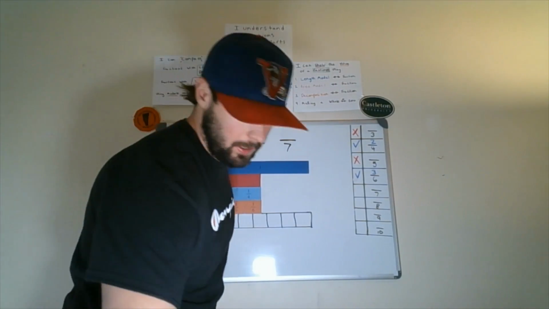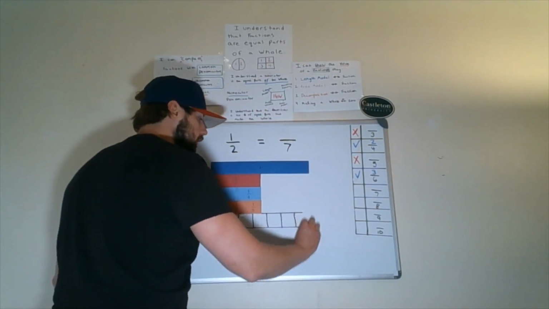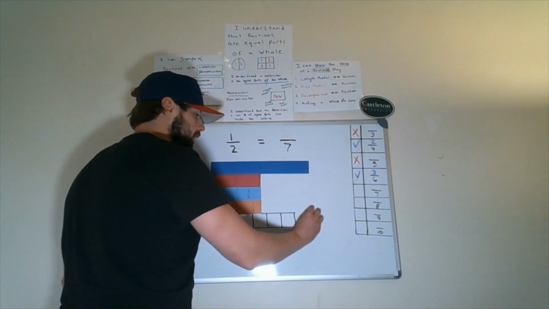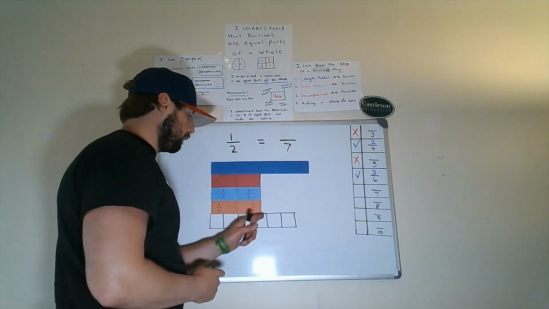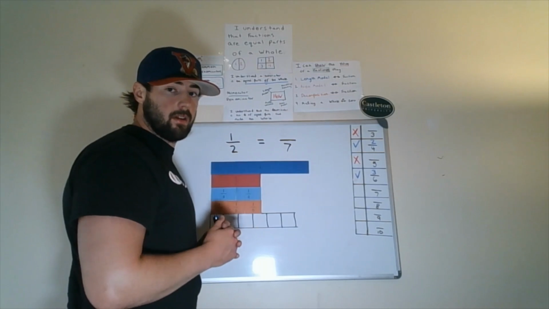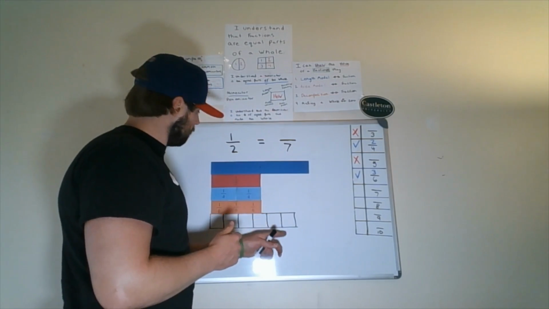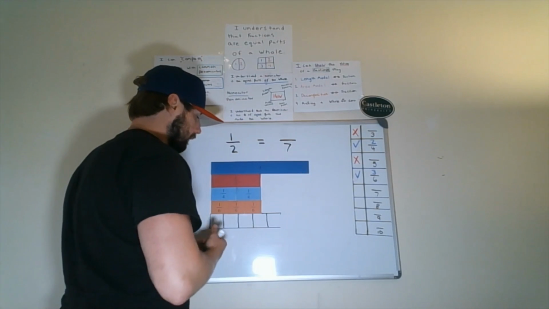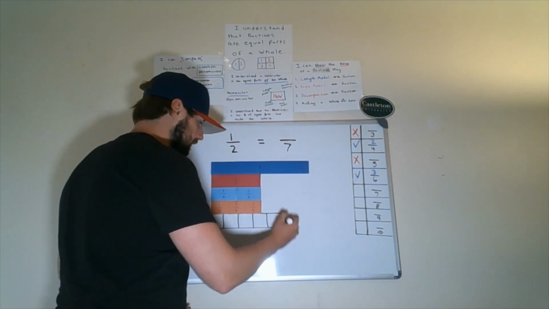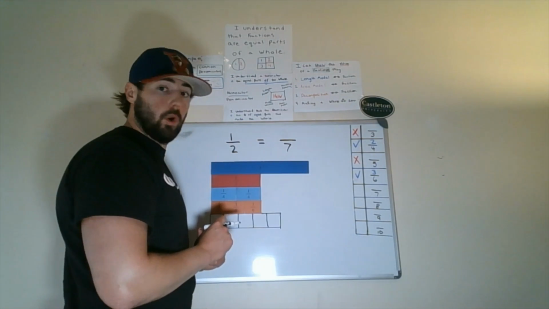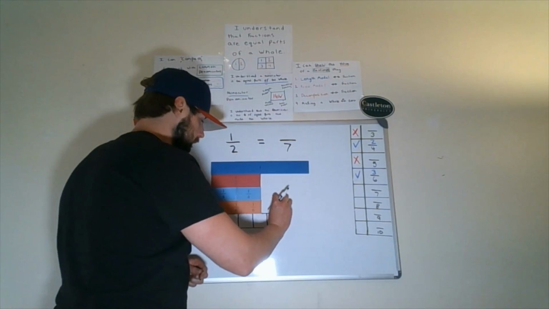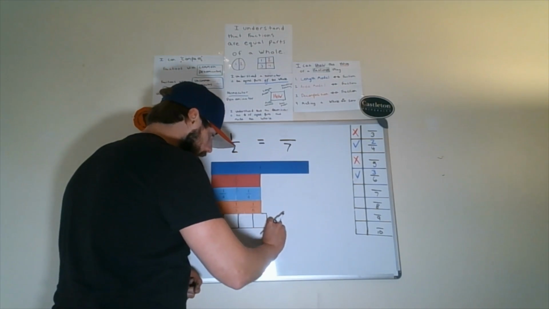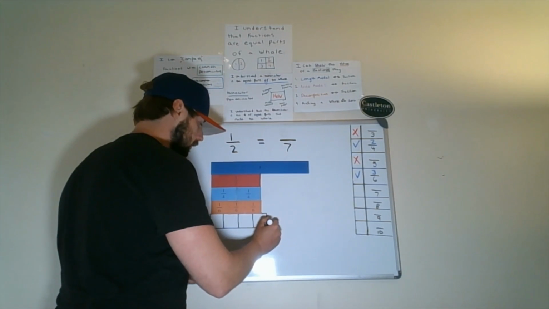Let's do some exploring. 7/7, not equivalent. What about 1, 2, 3, 4, 5, 6/7? Not equivalent. What about 5/7? Nope, not equivalent. What about 4/7?